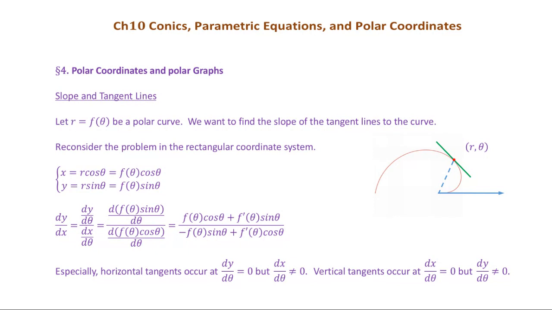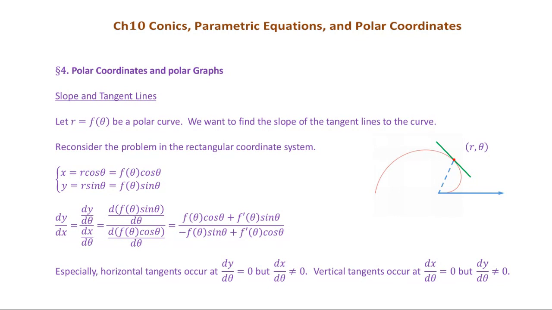We take the derivatives by using the product rule, so we get f prime theta times sine theta plus f theta times cosine theta on the top, and negative f theta sine theta plus f prime theta cosine theta at the bottom.